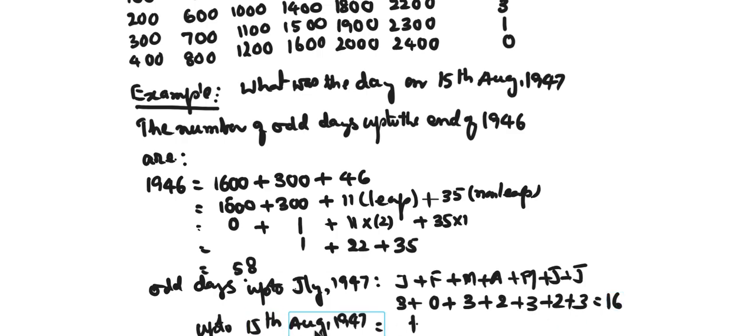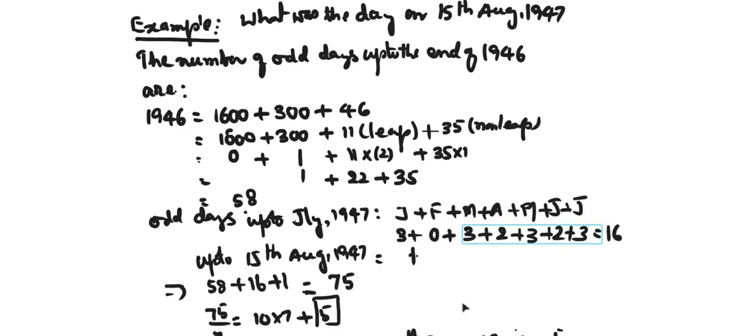So up to 15th August 1947, in 15 days we have only one odd day, because 15 divided by 7 leaves a remainder of 1. Therefore, up to 15th August 1947, how many odd days are there? 58 plus 16 plus 1.